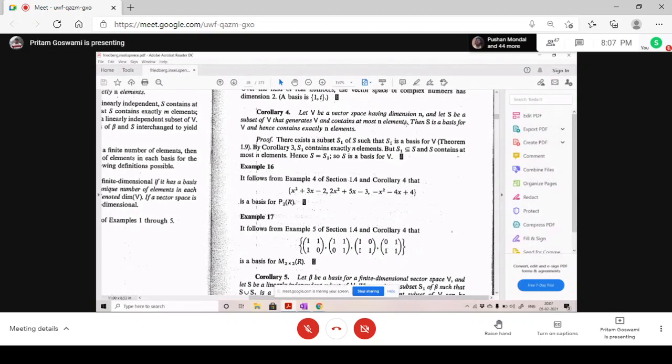Suppose V is a vector space with dimension n, and S is a subset of V that generates V, so the span of S is V. And S contains at most n elements. Suppose first you don't know the number of elements of S, but you know the bound that S cannot have more than n elements.